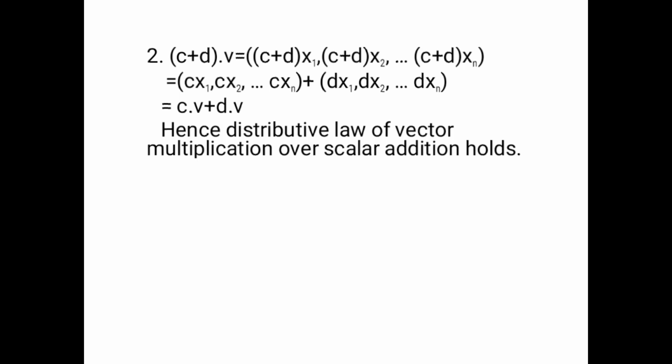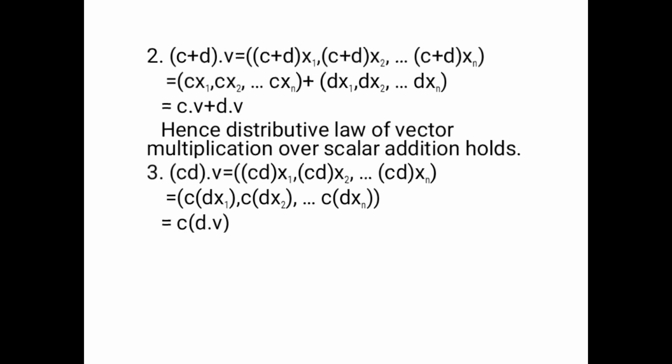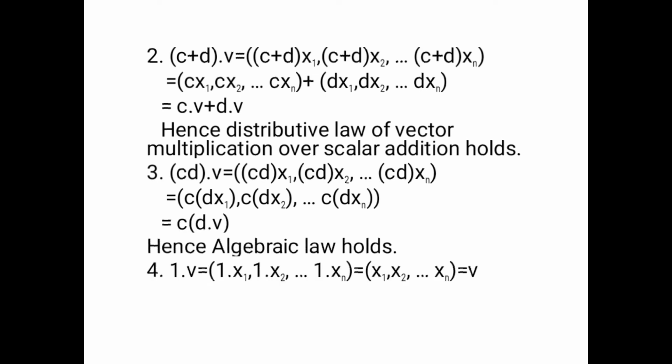And writing separately, we can see that it is equal to c dot v plus d dot v. So you may see that vector multiplication is distributive over scalar addition. Hence the distributive law of vector multiplication over scalar addition holds. Similarly, you can see that the algebraic rules also hold. So all the remaining laws hold. Therefore, you can see that it satisfies all the conditions of a vector space.